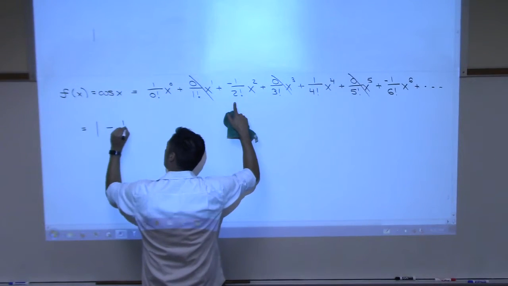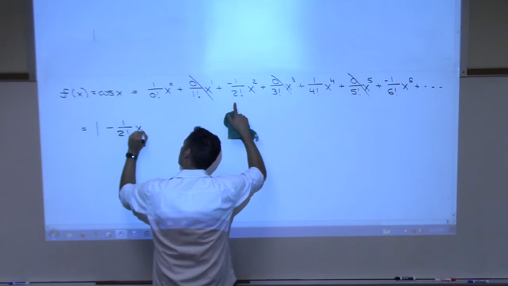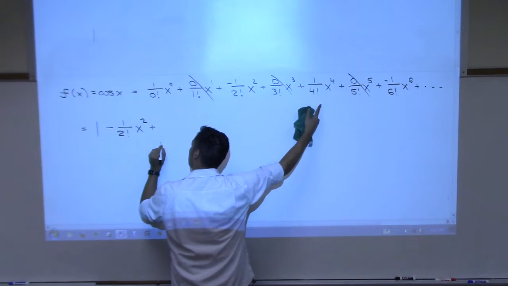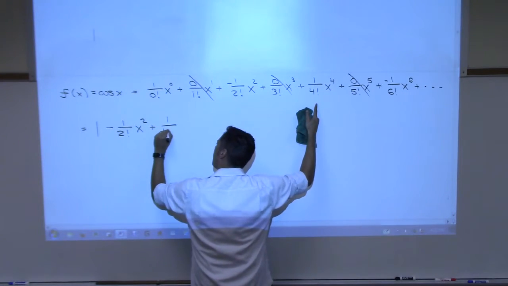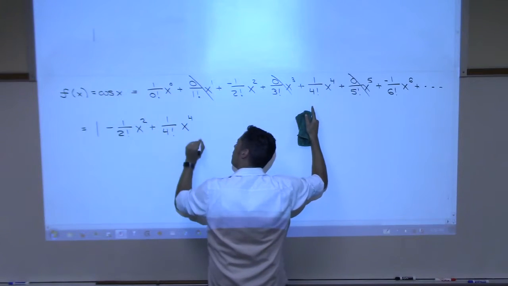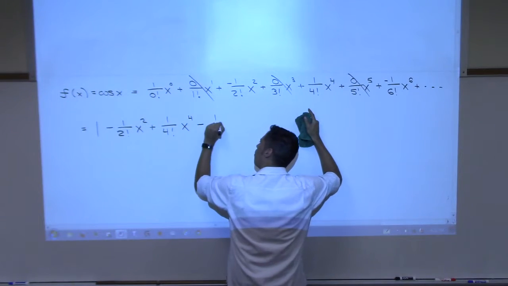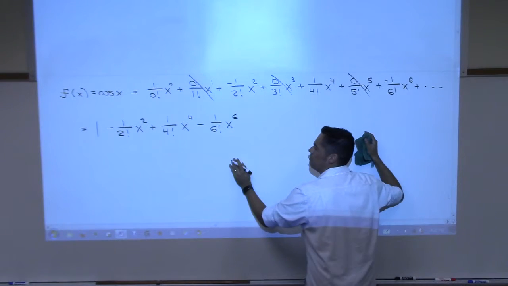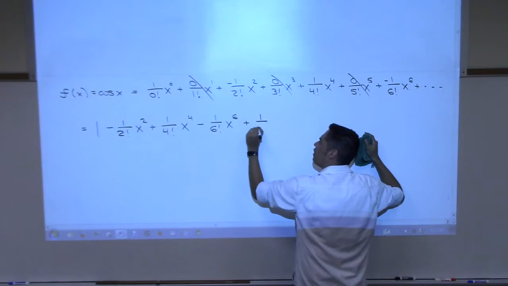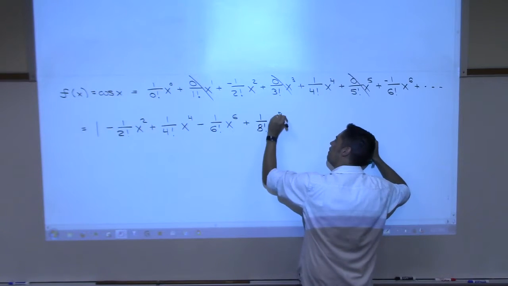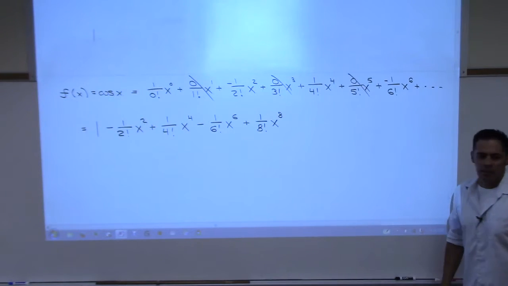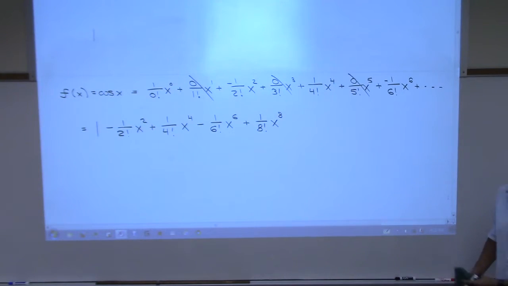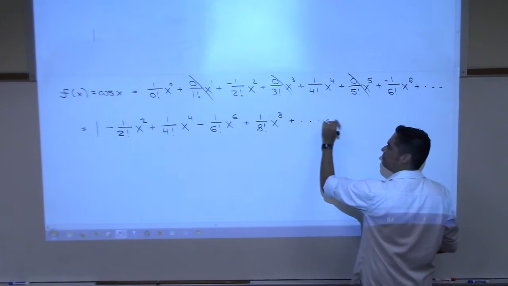So minus 1 over 2 factorial x squared plus, what's the next one? 1 over 4 factorial x to the fourth minus 1 over 6 factorial x to the sixth. What would the next one be? Plus 1 over 8 factorial x to the eighth. Plus dot, dot, dot.